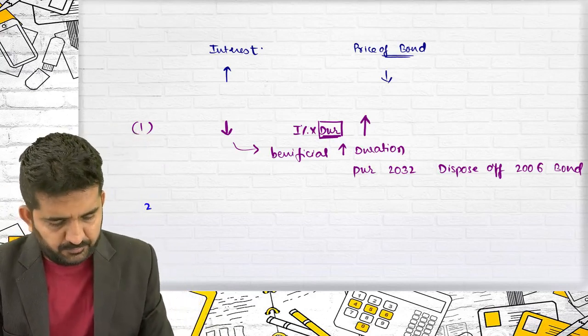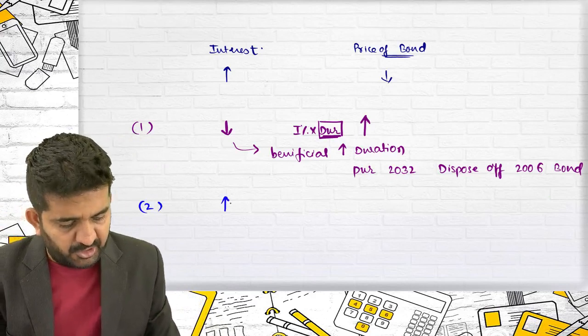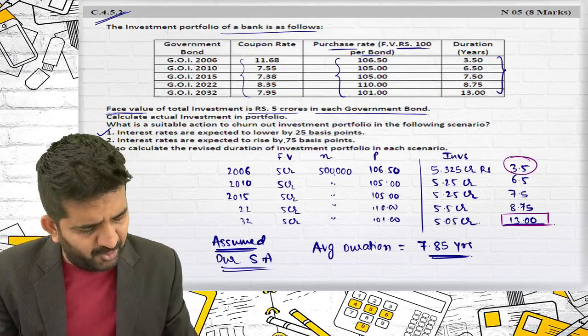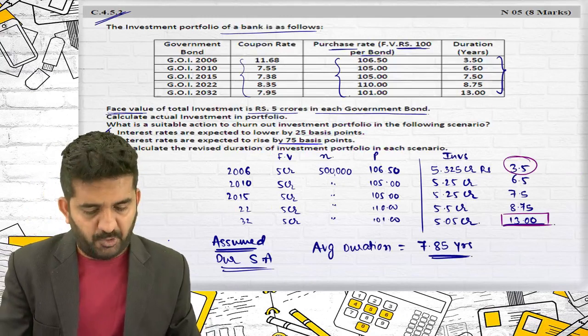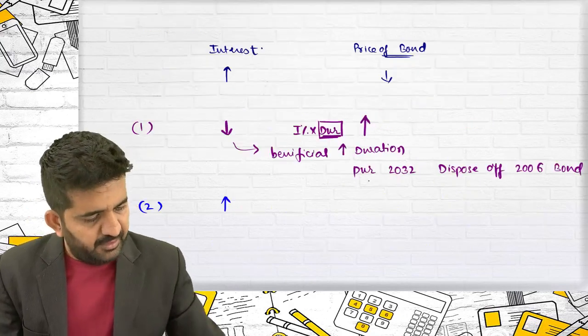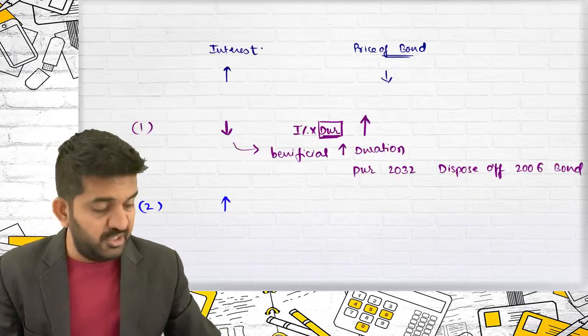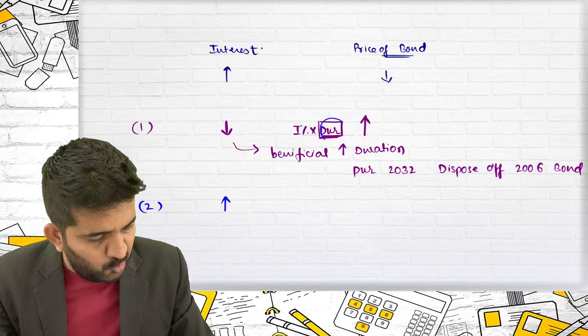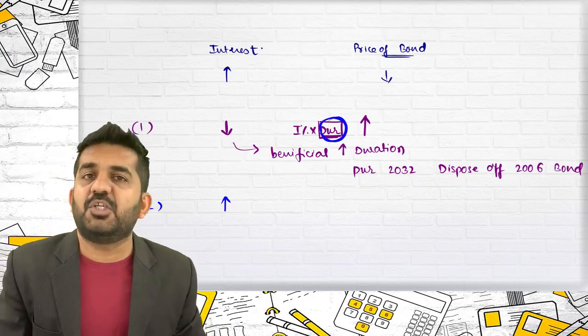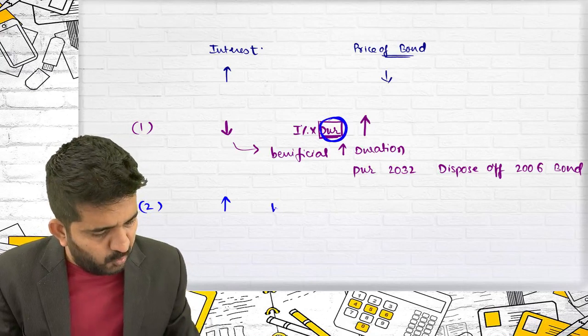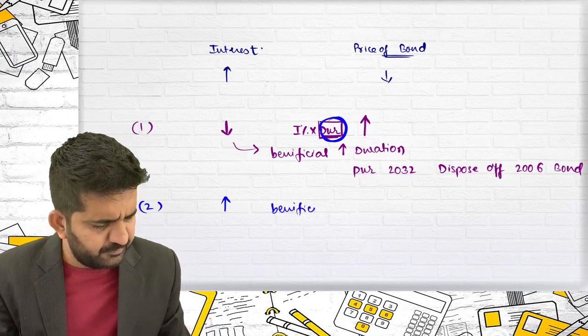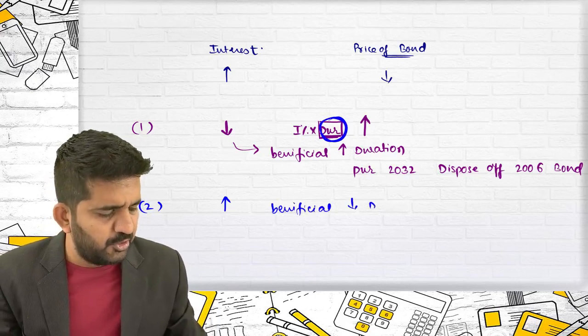Number 2. If the interest rates are going to go up by, say, 75 basis points, the price of the bond is going to fall, so the lower the figure, the more beneficial it is to you. Is it correct? So what is beneficial? To reduce the duration.